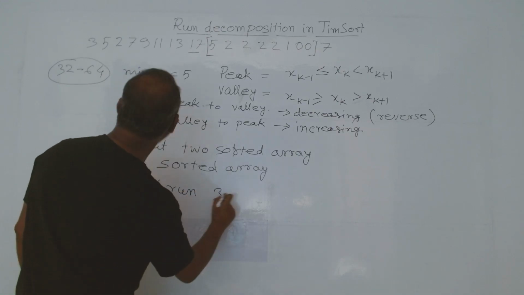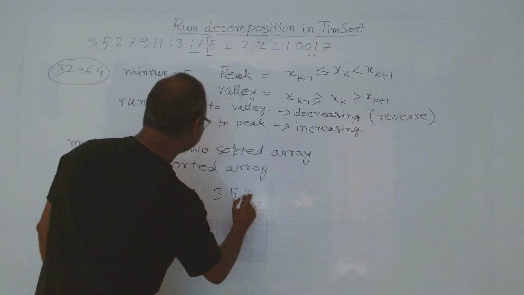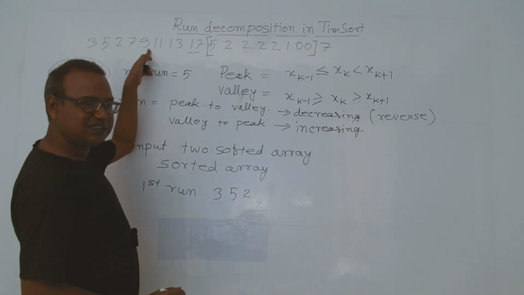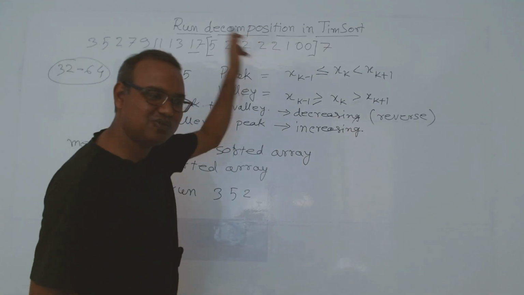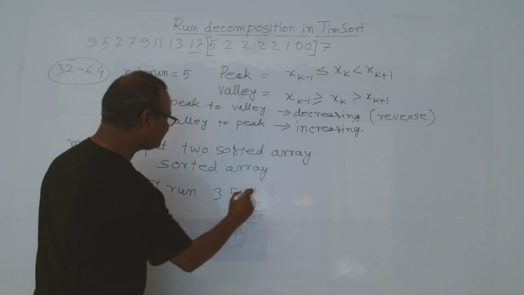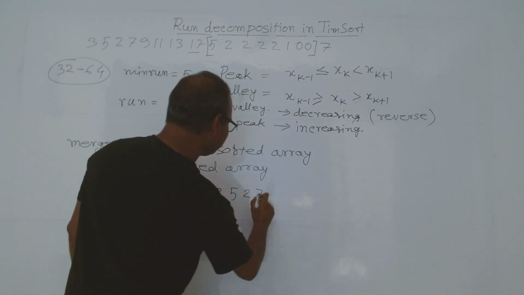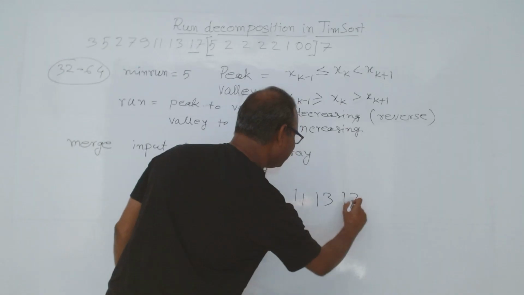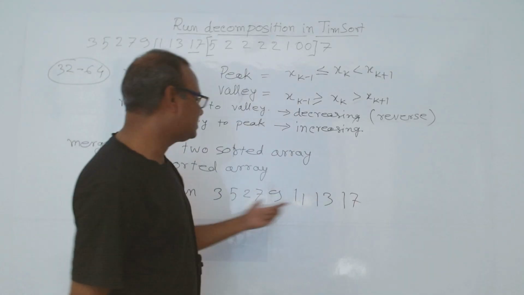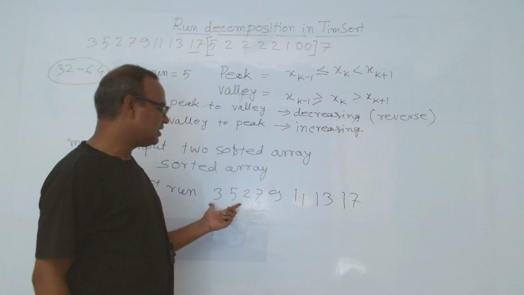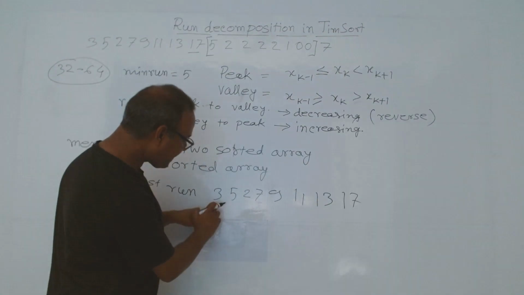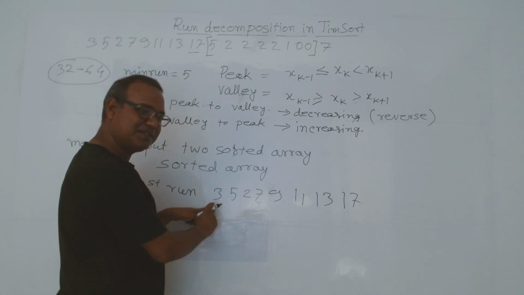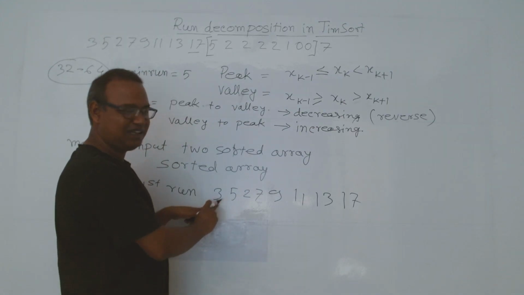So the first run will be 3 5 2, because if the 5 elements come up to this and the run is continuing, we will include the whole 2 7 9 11 13 17. Now we will run insertion sort for this. First element 3 is fine, then next element 5, the previous element is smaller, fine.